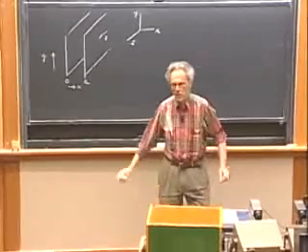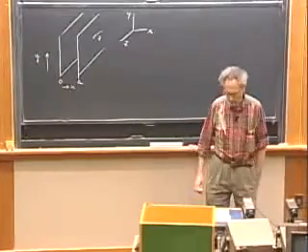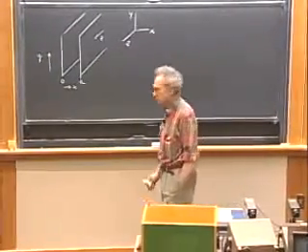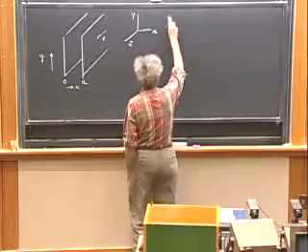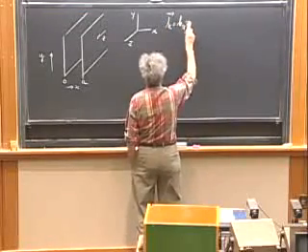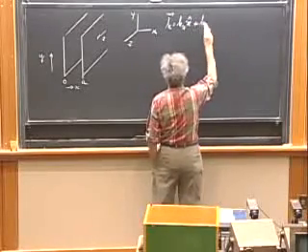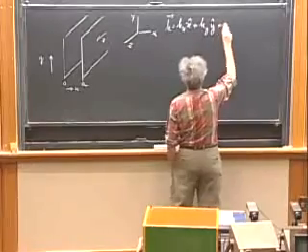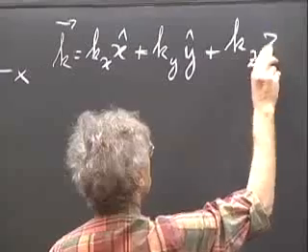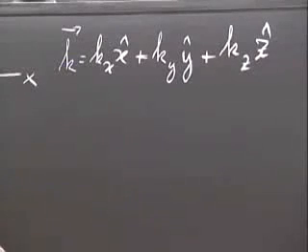I'm going to try to send electromagnetic radiation through this gap, and what now comes holds always, that k is always kx x roof plus ky y roof plus kz times z roof, and k is the direction then of propagation.